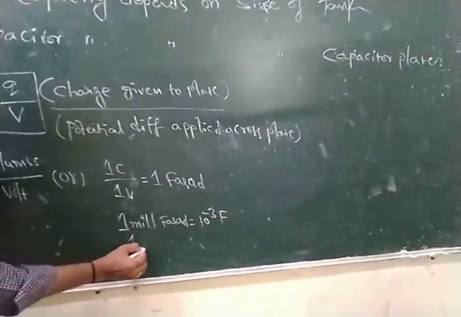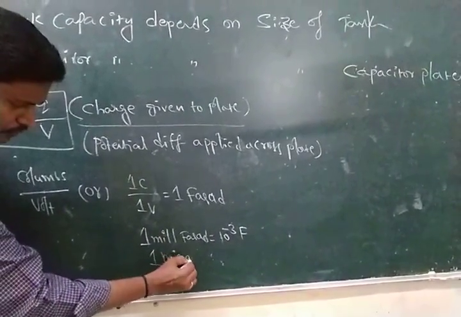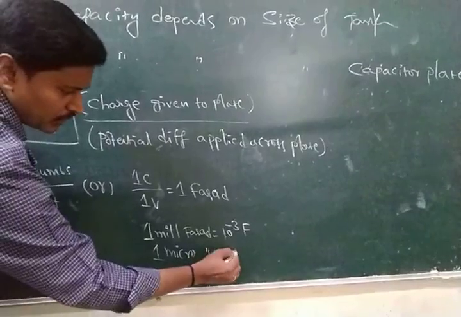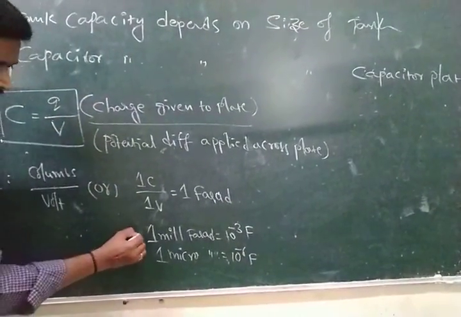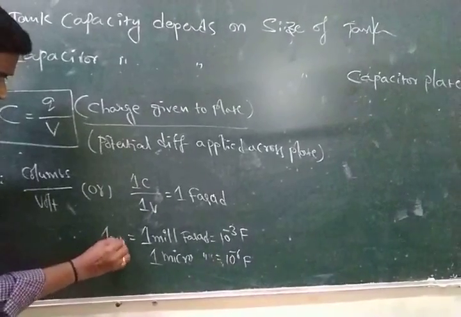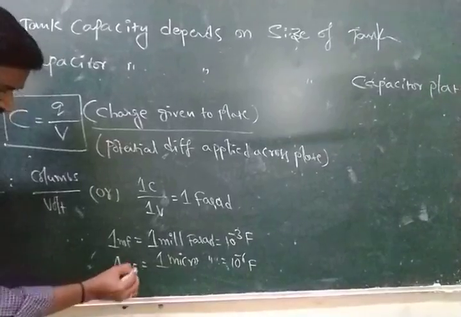Next, microfarad, very least capacity, 1 microfarad is equal to 10 power minus 6 farads.